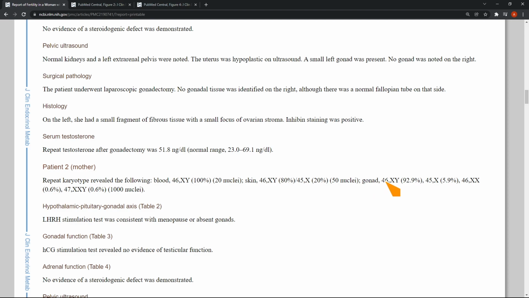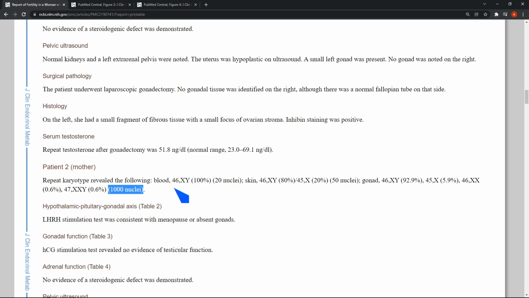In the gonad, there were 46XY at 92.9%, 45 mono X at 5.9%, and below 1% for XX and below 1% for XXY. They looked at 1,000 nuclei in the gonads.